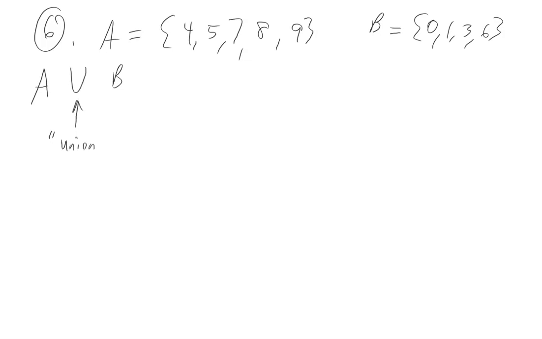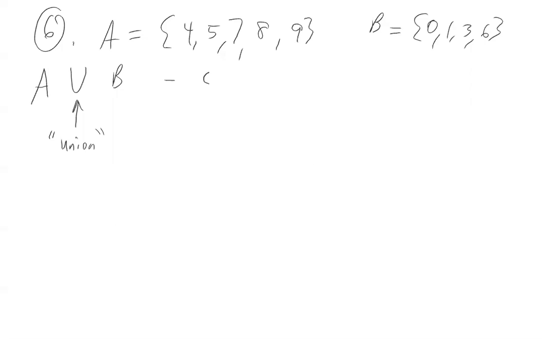And union, so remember intersection before. Intersection means what's in common. Union means combine all of them from either one of the sets all together. So everybody in either one of those sets is going to be included, every number or every element.